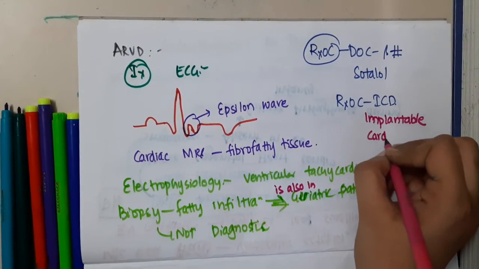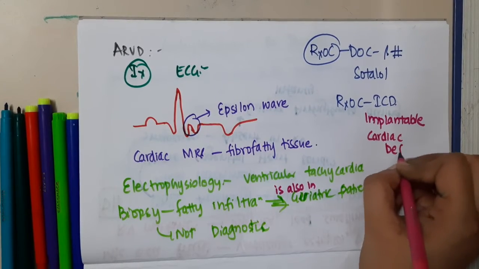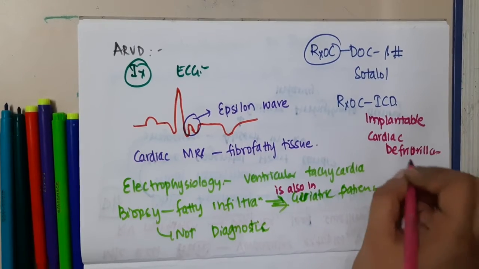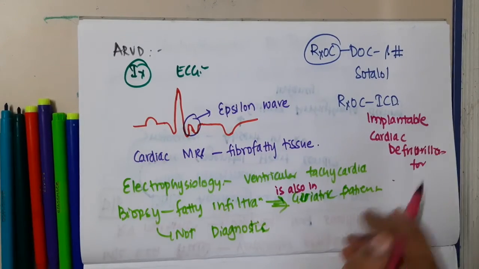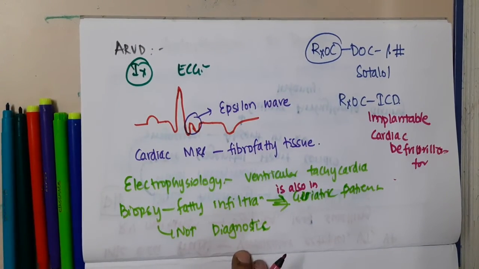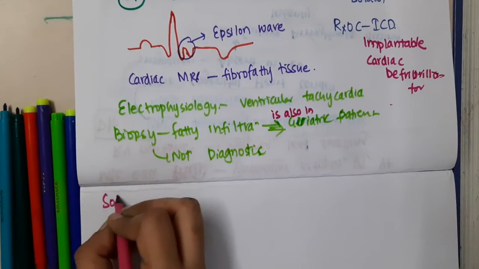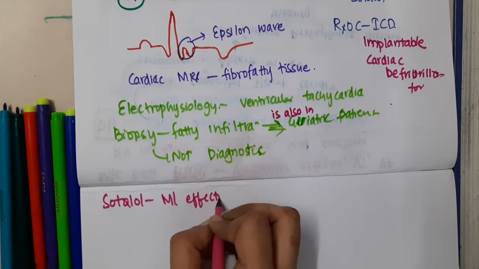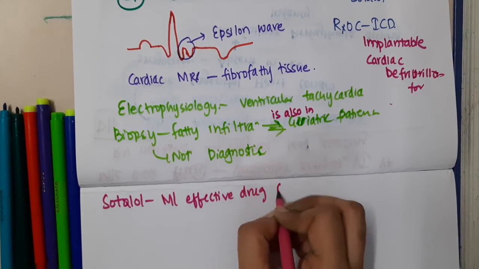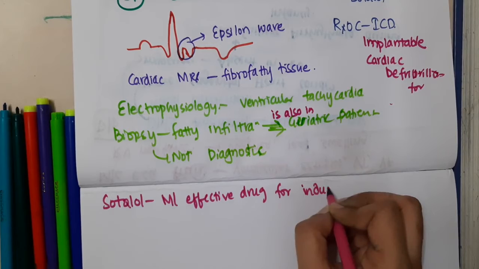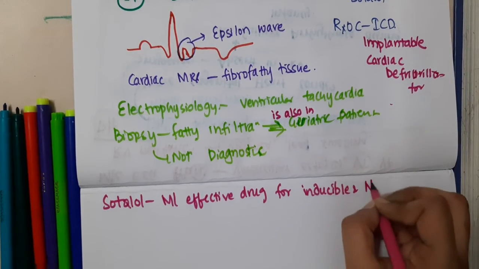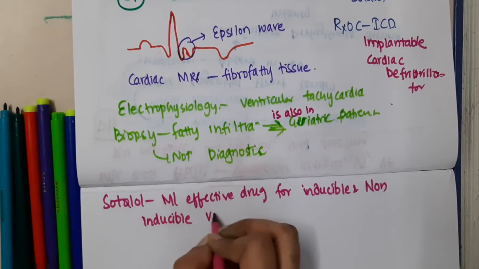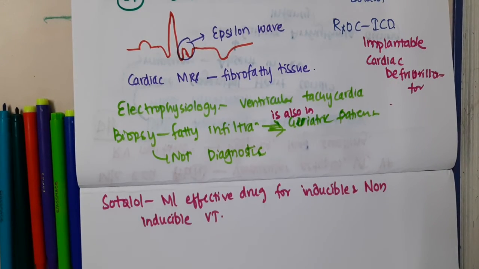The defibrillator is the treatment of choice. Actually, sotalol is the most effective drug for inducible and non-inducible ventricular tachycardia. Thank you for watching.